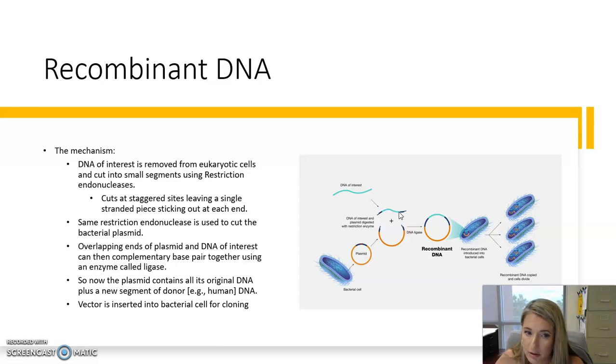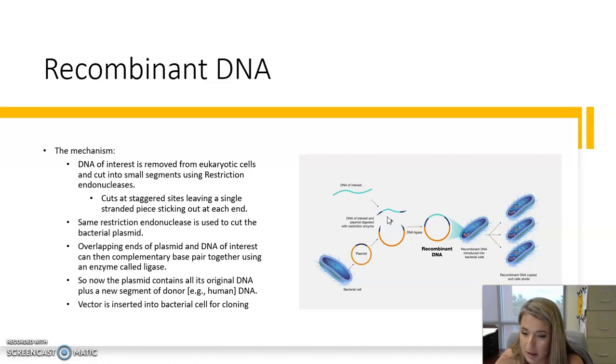We are also going to use that same restriction endonuclease enzyme to cut open a bacterial plasmid so that we can fit the human DNA into it. One interesting thing about the restriction endonuclease enzyme is when it cuts DNA, it always cuts it in a way that leaves these single-stranded ends kind of hanging out. These don't have a very technical name, but they're called sticky ends.